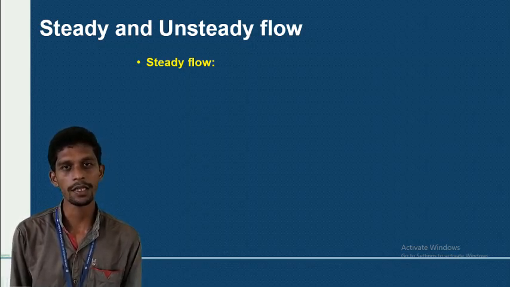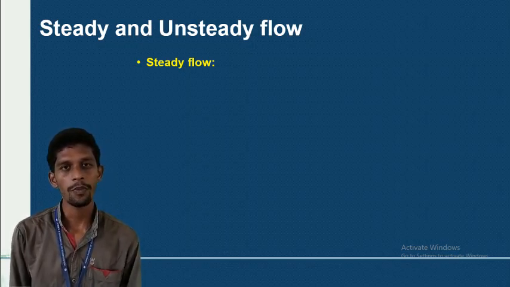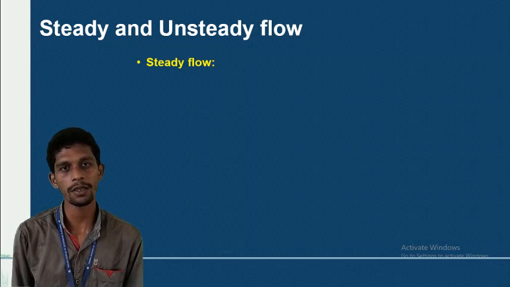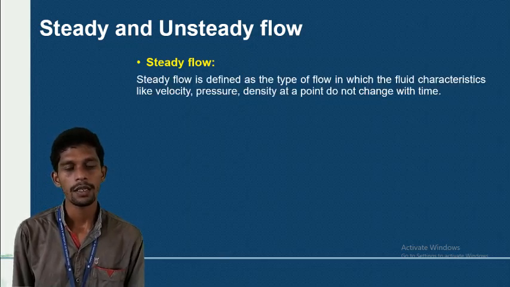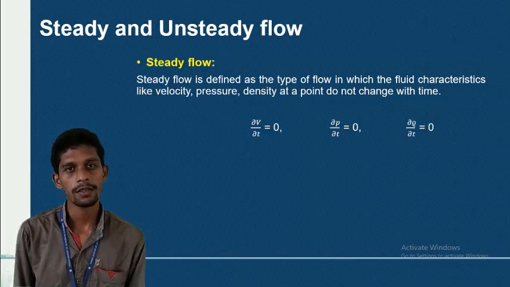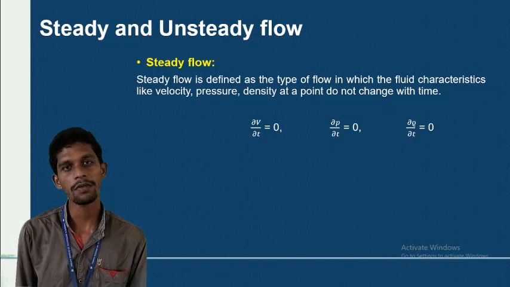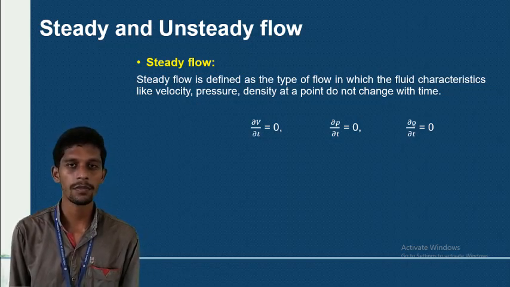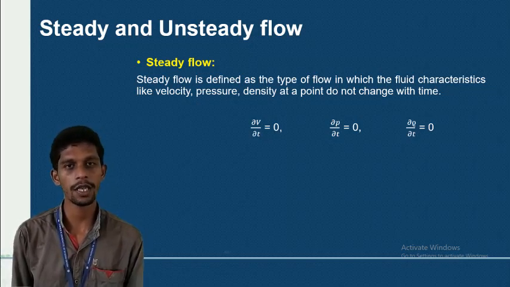So if time changes, these properties will not change in the particular pipe section or flow. That type of flow is called steady flow. Here the properties like density, velocity and pressure are constant with respect to time. They will not change actually.